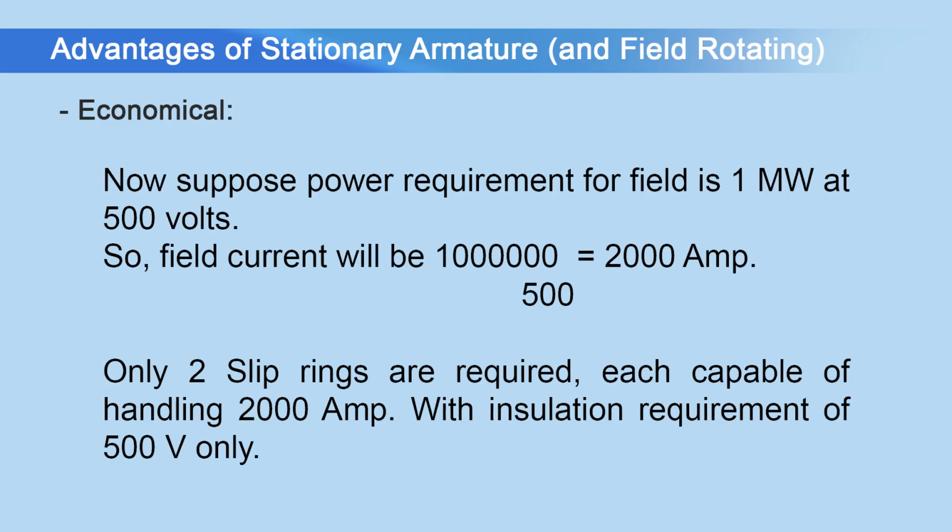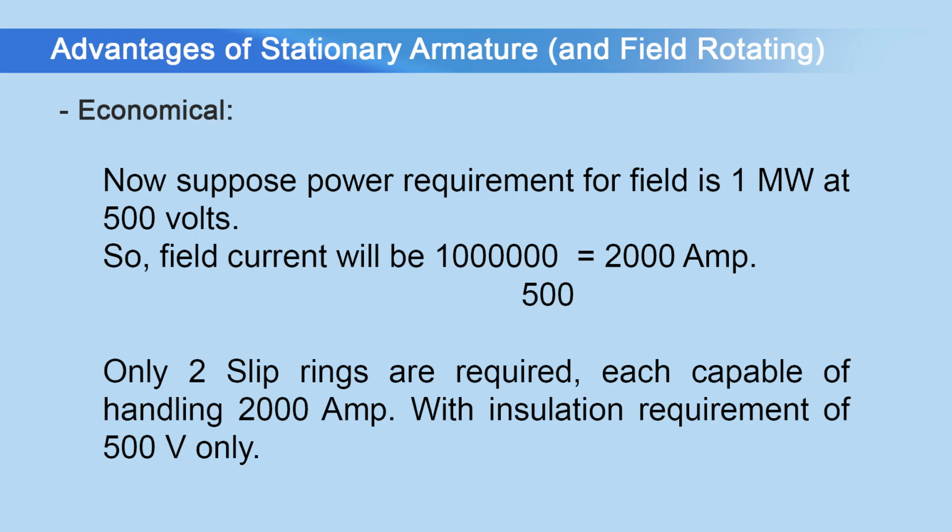If we are keeping the armature stationary, in that case this requirement will be eliminated. We have a stator on the outer side and we can easily take out the connection, no need of slip ring for extracting the AC power. Of course, in that case we have to feed DC to the rotor.